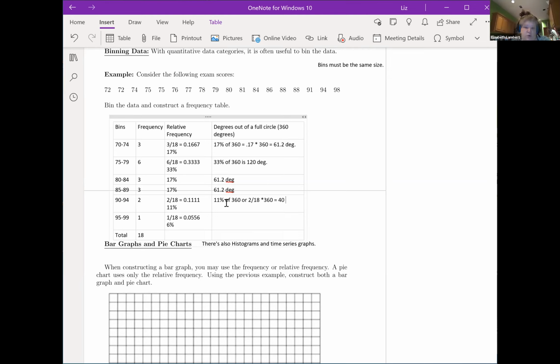In fact, it goes in 20 times. So this is 2 times 20. These that were 3 would be 3 times 20. So those are really 60 degrees. And then our 1 out of 18 is going to be 20 degrees. And 40 degrees.